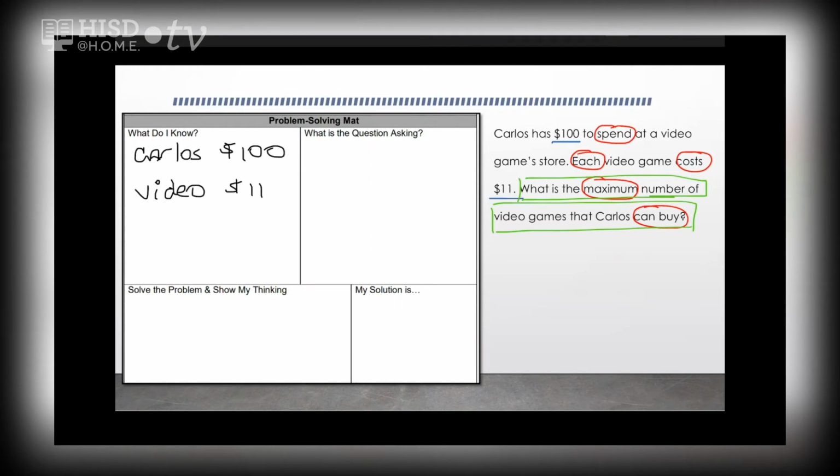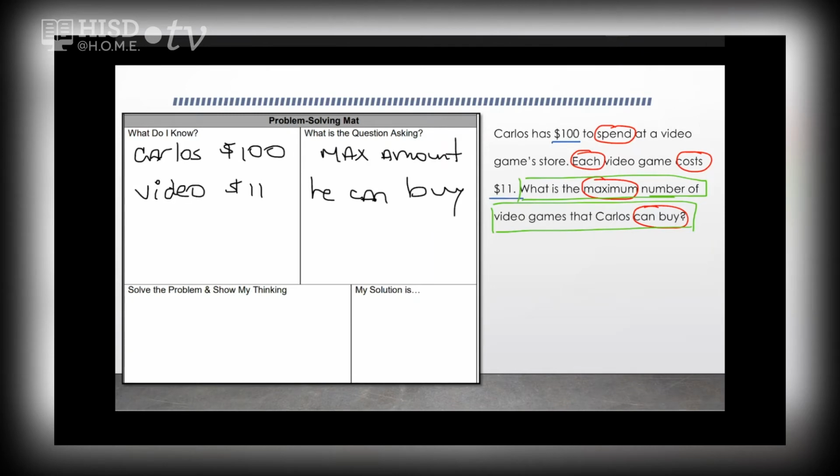And what is the question asking? I have to find the max amount he can buy. The strategy I'm going to use to solve the problem is to find a pattern.